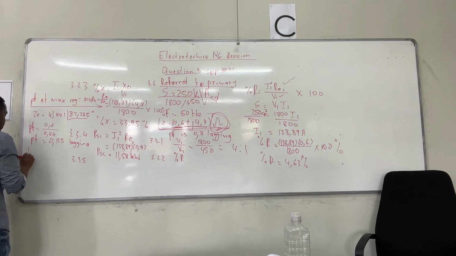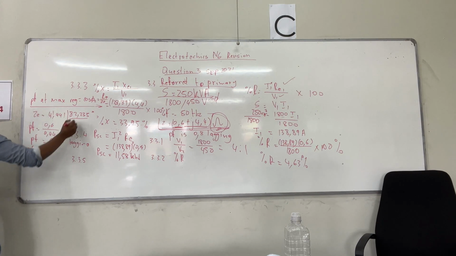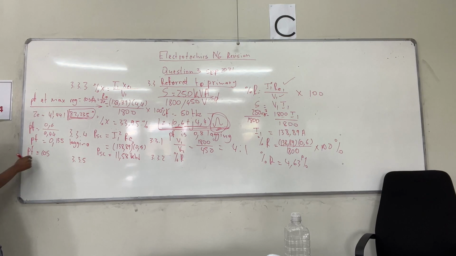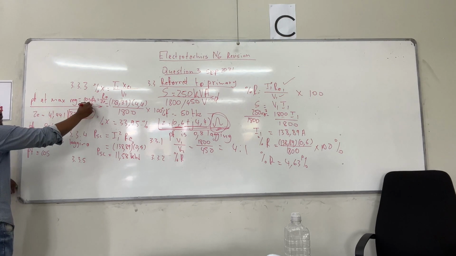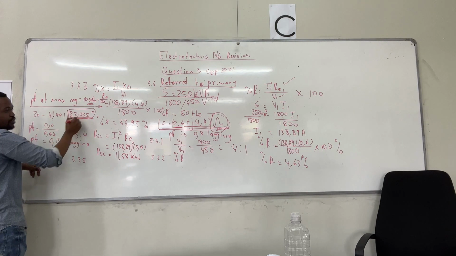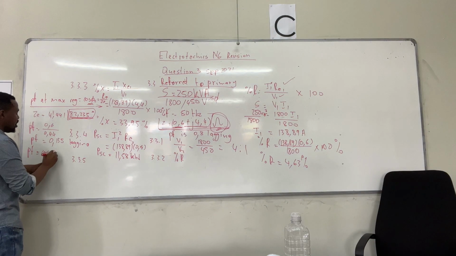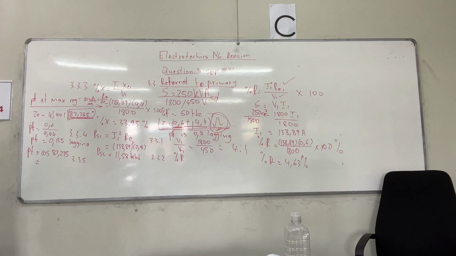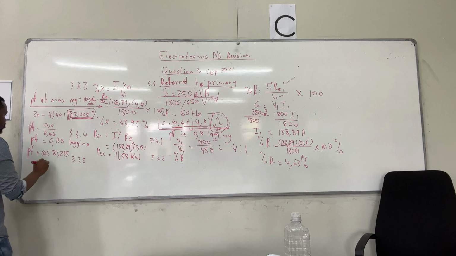Then you can use the angle of the impedance, 82.235, with cos to get the same answer.